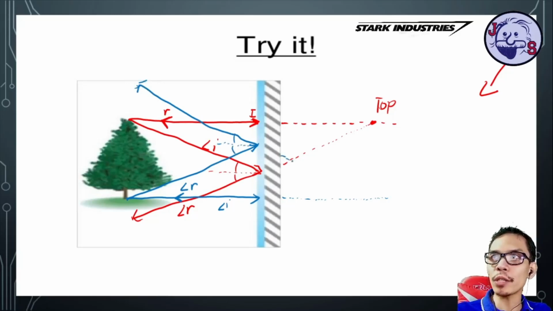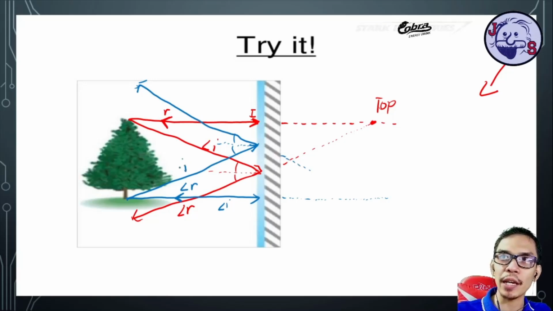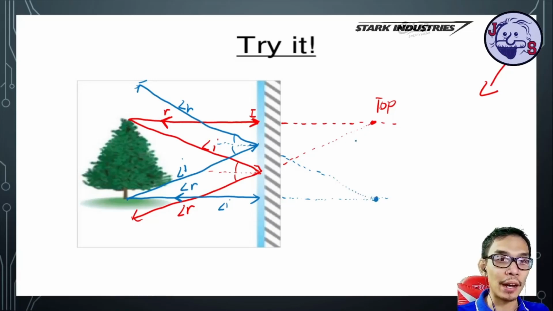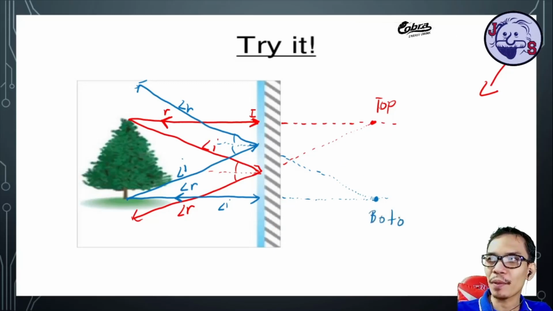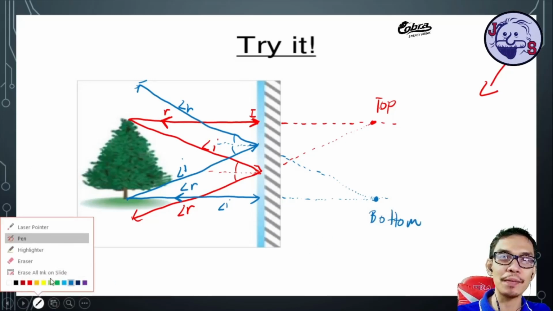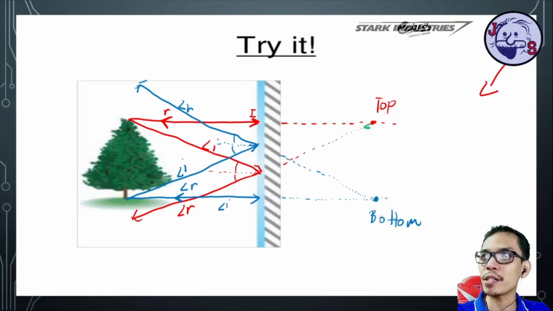This is the incident ray and this is the reflected ray, so we will continue the reflected ray on the other side. Pardon me if I have a distorted line because I don't have any ruler that can be used here in PowerPoint. With that, we now have the bottom part of the object. Now we can draw the object on the other side. So it looks like this.